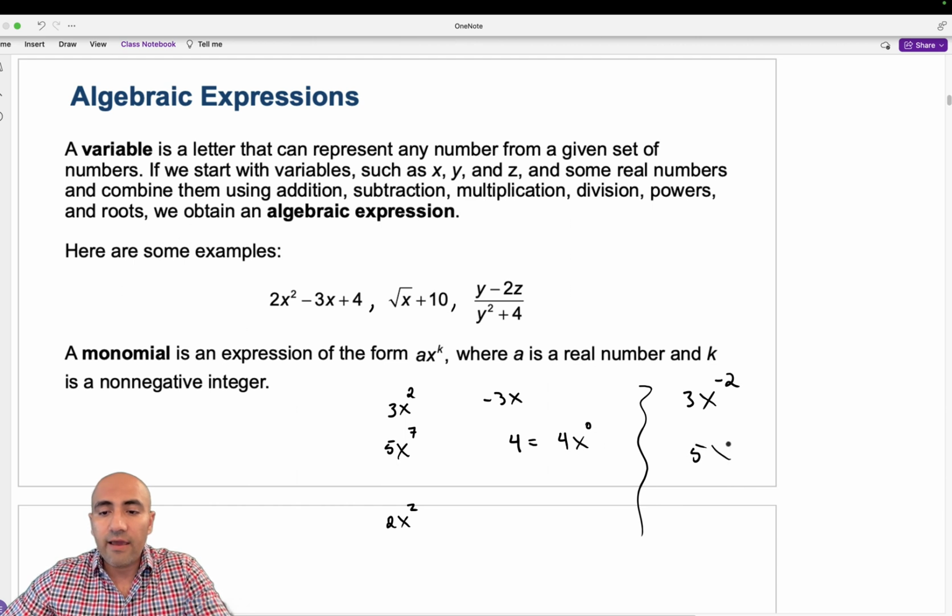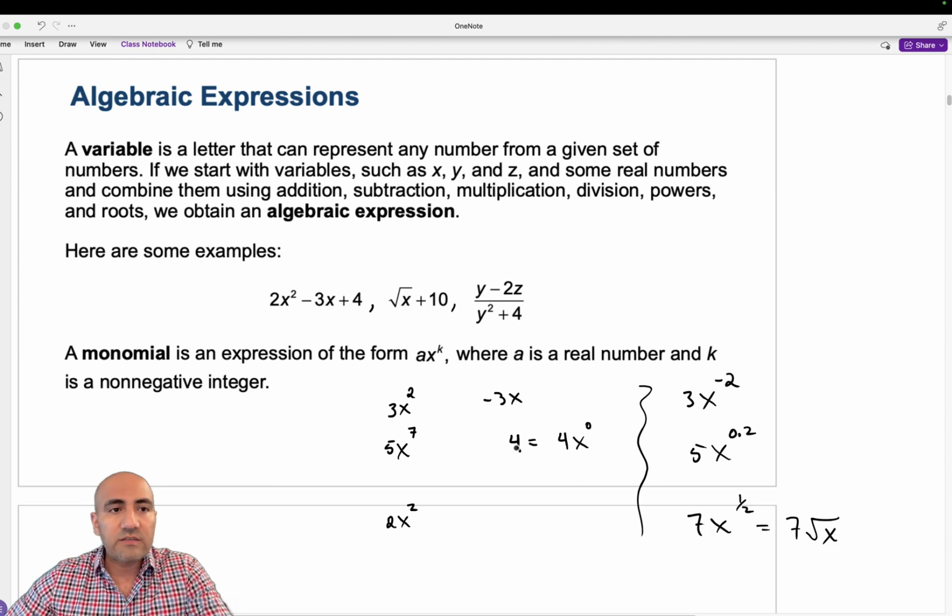If we had 5x to the 0.2, that's not allowed. It's not a monomial. It's got to be a counting number. That's 1, 2, 3, 4, 5, and so on, or a 0. But no negatives, no decimals, no fractions. So if we had 7x to the 1/2 power, that's not allowed, right? That's because this is the same thing as square root of x. This equals 7 square root of x, and neither of those qualify as a monomial.